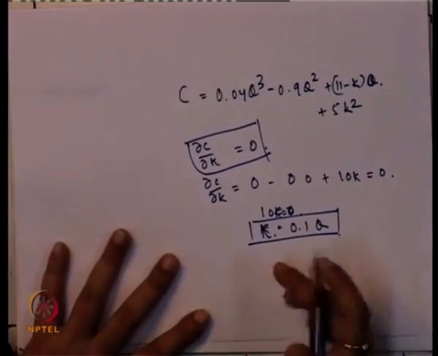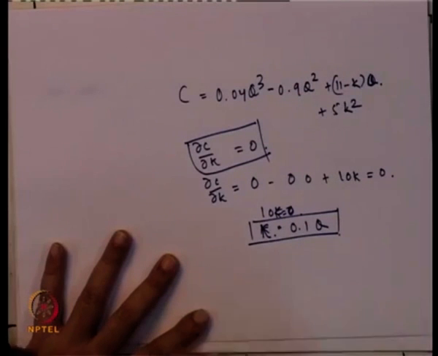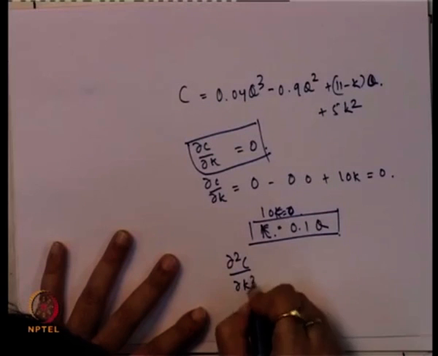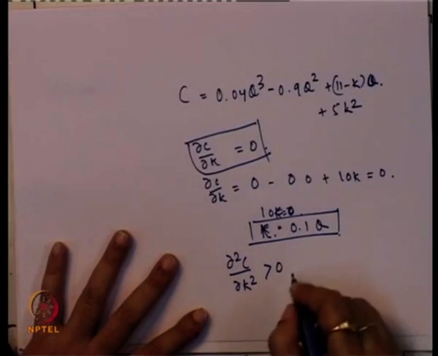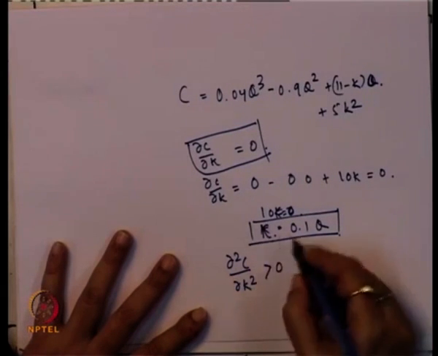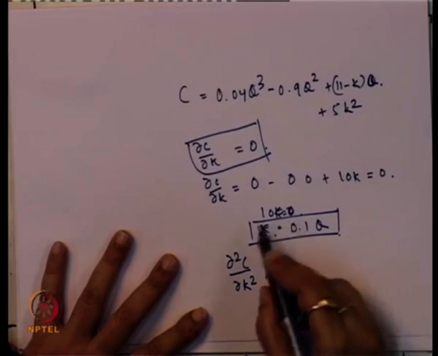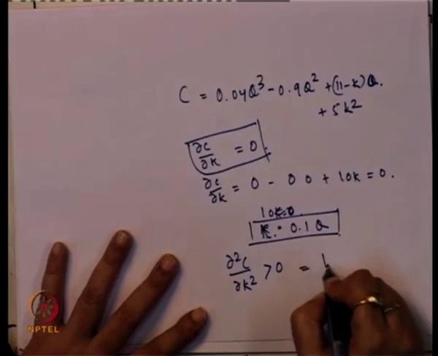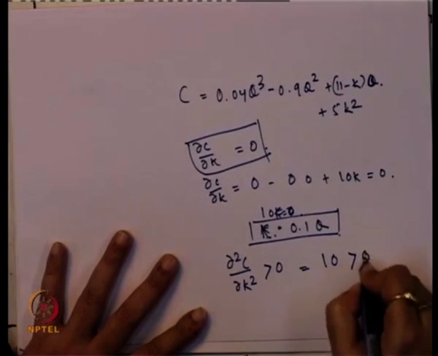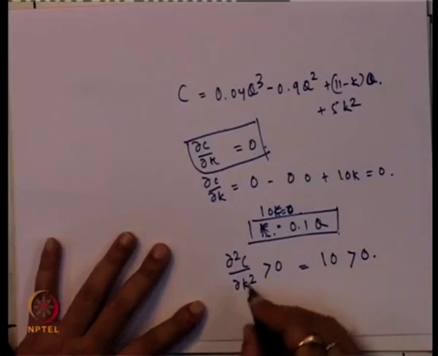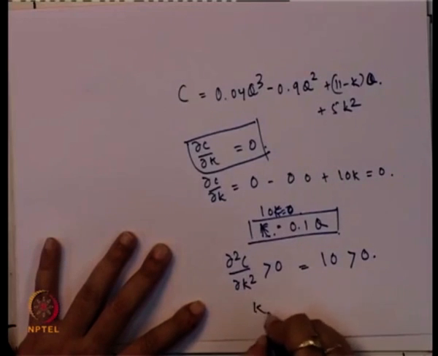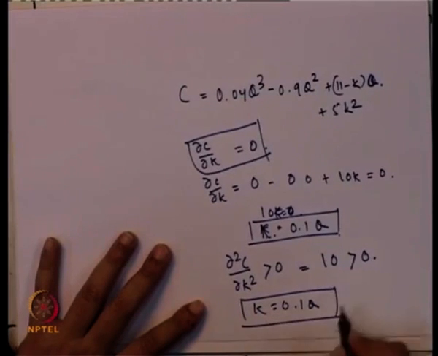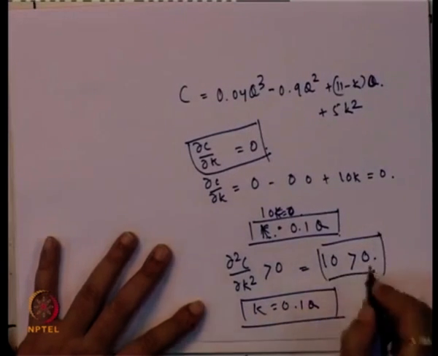Now, we will look at the second order condition, and the second order condition says that d^2C/dk^2 has to be greater than 0. So, in this case, if you take the second order derivative, we get it equal to 10, which is greater than 0. So, k is equal to 0.1q is from the first order condition, and this is from the second order condition.